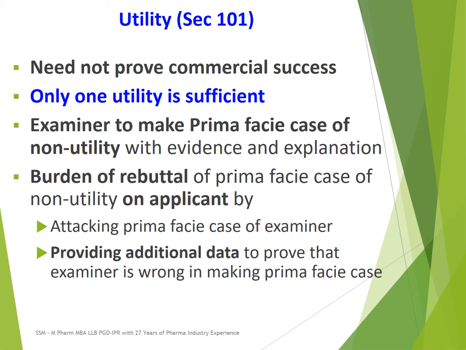Once examiner has made the case, then burden of rebuttal is on applicant, and applicant can rebut by defending or attacking the prima facie case made by examiner by providing additional data to prove that examiner is wrong in making the case of non-utility.